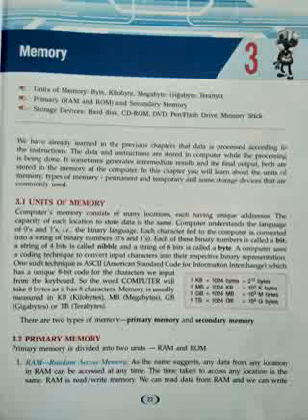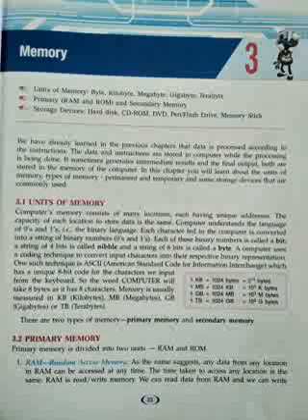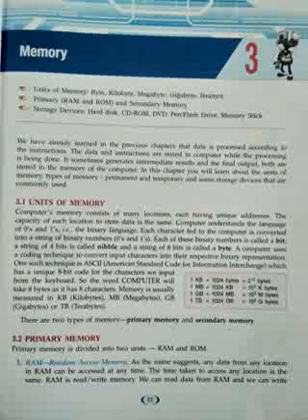Memory is basically divided into two sections in computer. First one is primary memory, second one is secondary memory. RAM and ROM are also known as primary memory. Okay, RAM, random access memory.